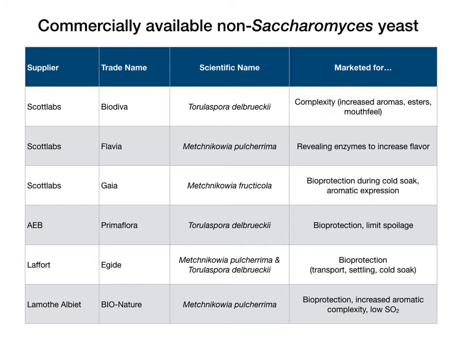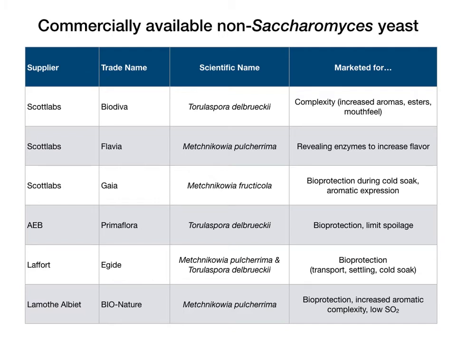So the use of non-Saccharomyces yeast for bioprotection is not new. This is something that we've seen in use for many years now. If you look at your favorite catalog from your favorite enological supplier, you will probably find that there's 1 or 2 or 3 different non-Saccharomyces yeast products available for somewhat different purposes.